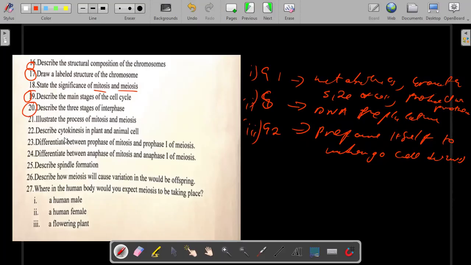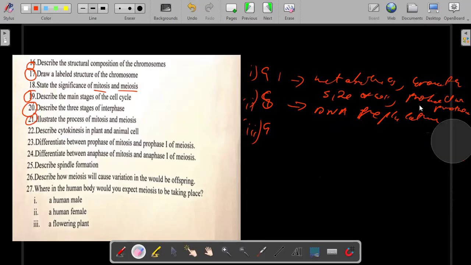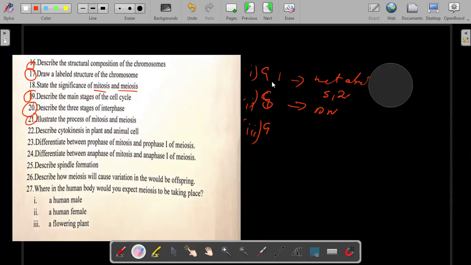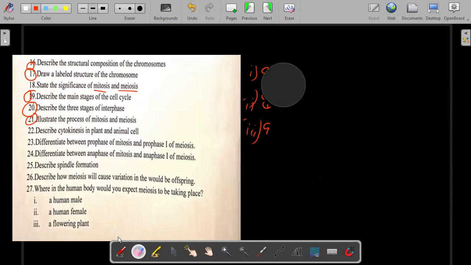We can go to question number 21. Okay, so question number 21 is saying illustrate the process of mitosis and meiosis. So we have to describe the process of mitosis and meiosis. I think for mitosis, I've already mentioned some of the stages.